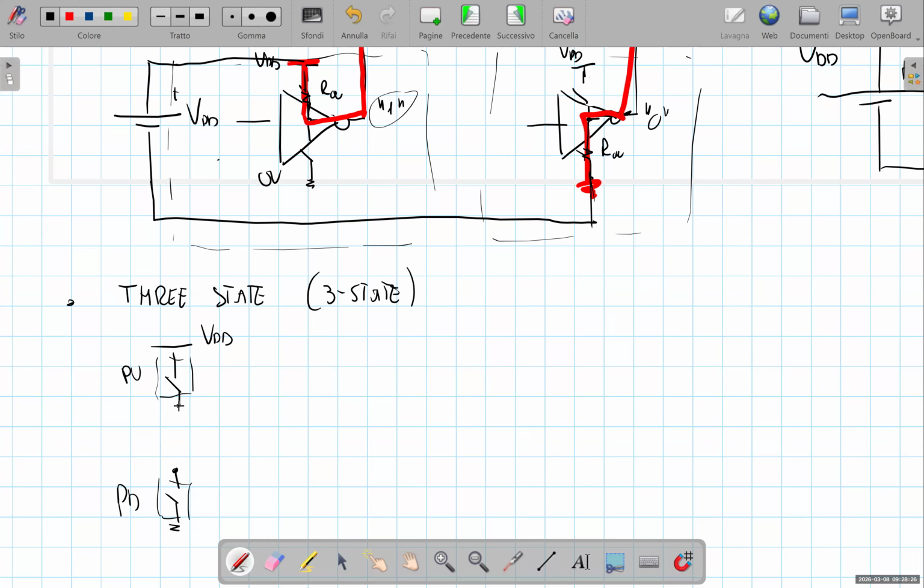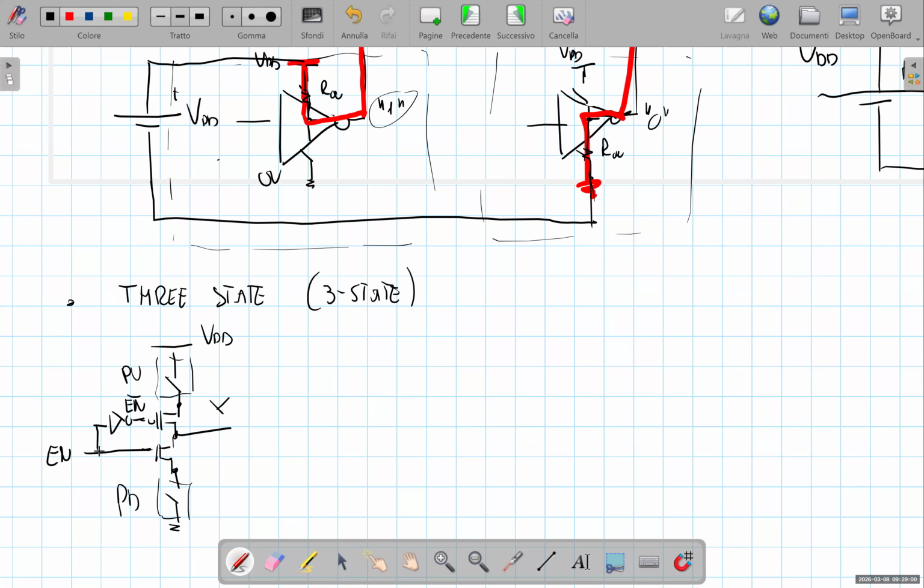But in between we have two transistors, a PMOS transistor between the pull-up network and the output, and an NMOS transistor between the pull-down network and the output, which are driven by an enable signal or its complement, not enable.